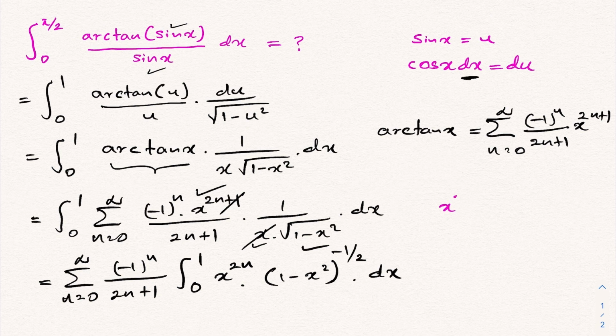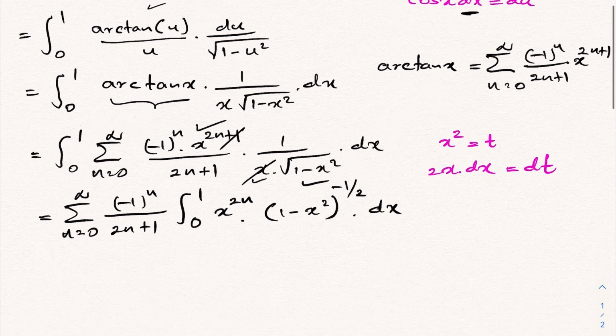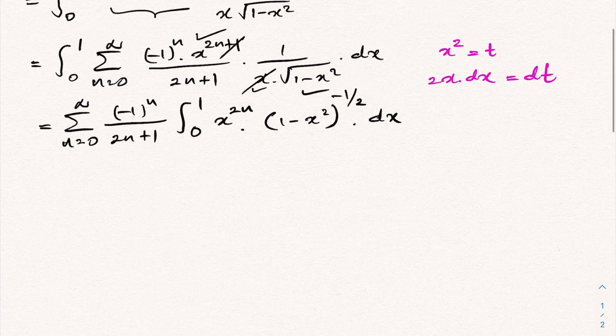x square is equal to t, then we should differentiate: 2 times x dx is equal to dt. Then we can plug in. So now we can write the infinite sum n equal 0 to infinity of minus 1 to the n power over 2n plus 1.